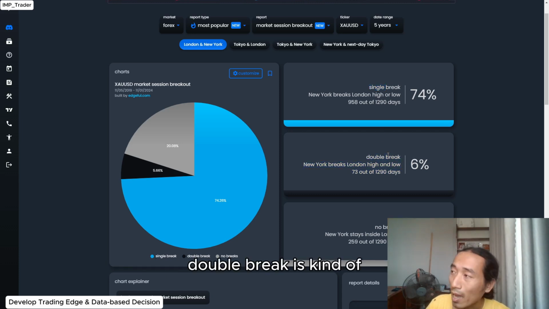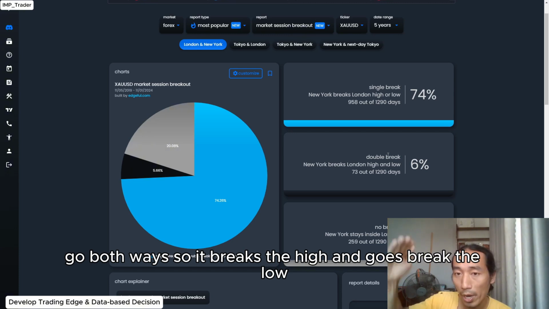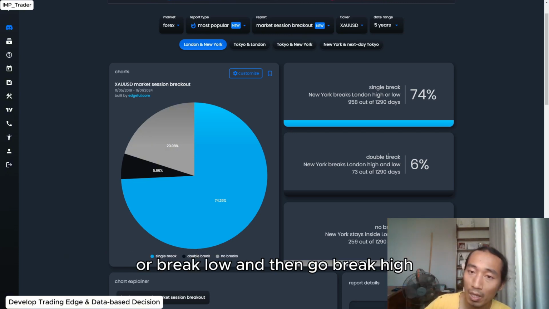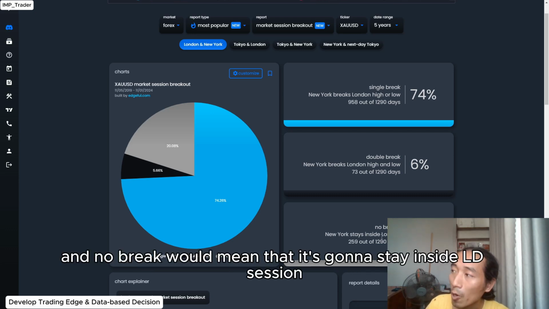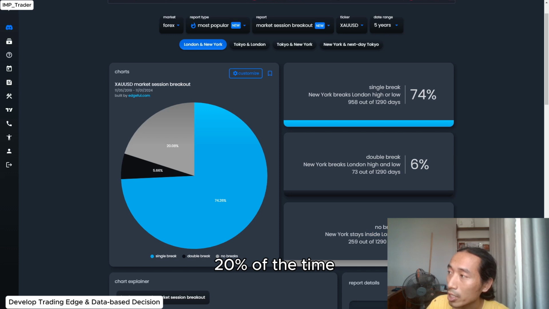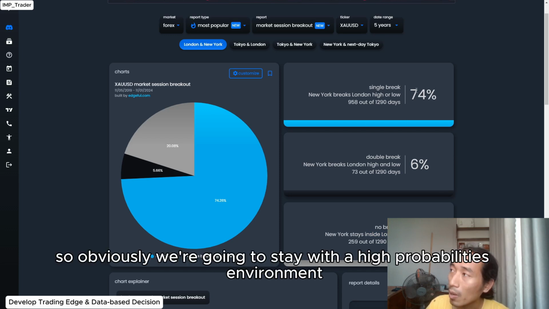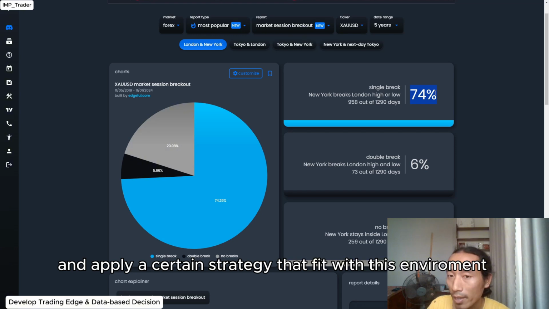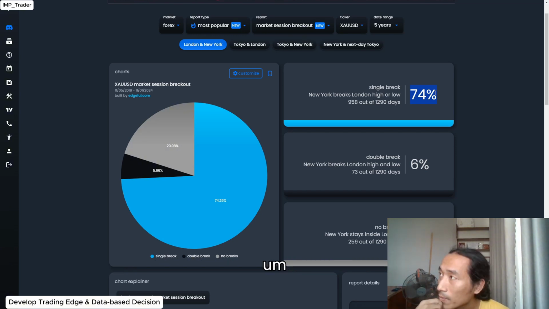Double break is where it goes both ways, so it breaks the high and then goes and breaks the low, or breaks the low and then breaks the high. And no break would mean that it's going to stay inside the London session 20% of the time. So obviously we're going to stay with a high probability environment and apply a certain strategy that fits with this.